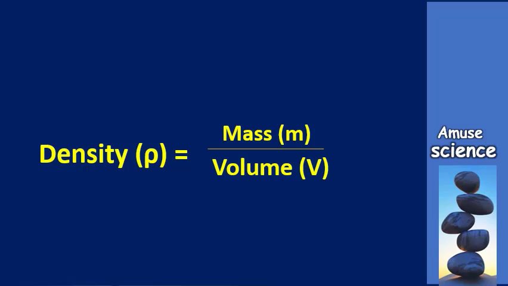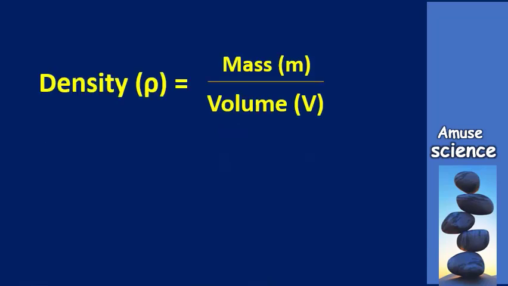The result is what we refer to as density. So we realize that the density of an object is the ratio of the mass of the object to its volume. Scientifically, we define density of a substance as the mass per unit volume of the substance.